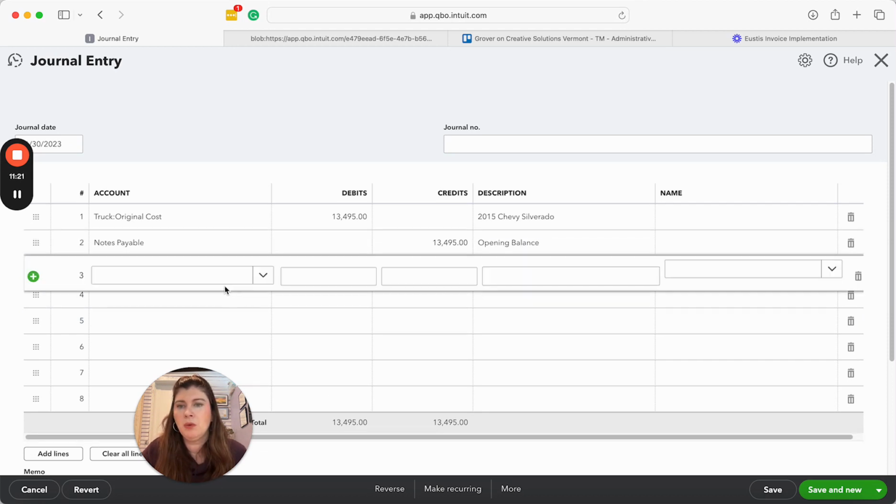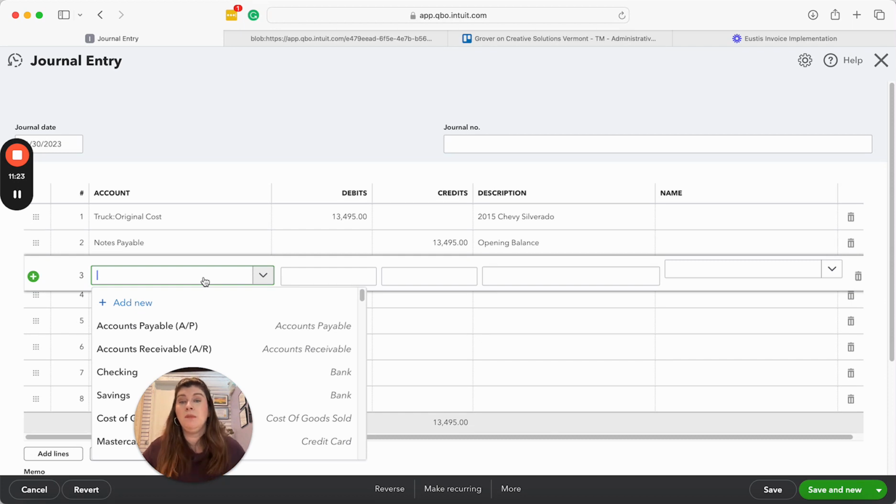Now there's a little bit more to a vehicle purchase, because in this vehicle purchase, you probably paid this amount. That's the value of the vehicle. You have a note payable. This says it's for the same amount, but it's probably actually more if you took out a loan.